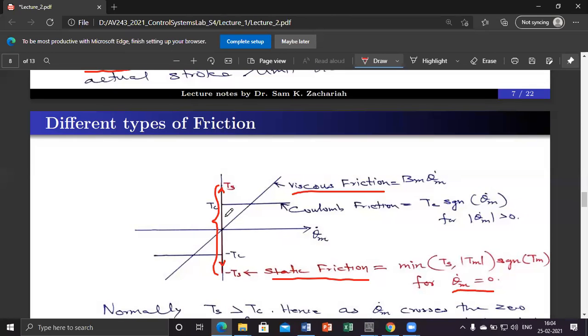If you apply a torque less than plus Ts or minus Ts, the stiction will be equal to the applied torque, but in the opposite direction. But if it exceeds, it will start moving. And the moment it starts moving, the friction force is taken care of by the Coulomb friction law, that is, Tc times the signum function of theta m dot.